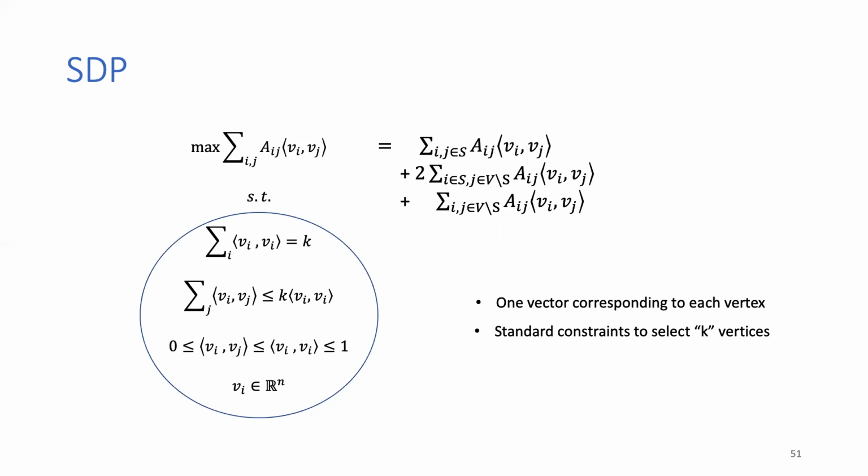Since this is a maximization problem and this is a relaxation, the value will be greater than or equal to the integral objective, which is kd. So just think of it as there's some SDP which maps our vertices to vectors, and the objective can be decomposed into three parts which has a lower bound.